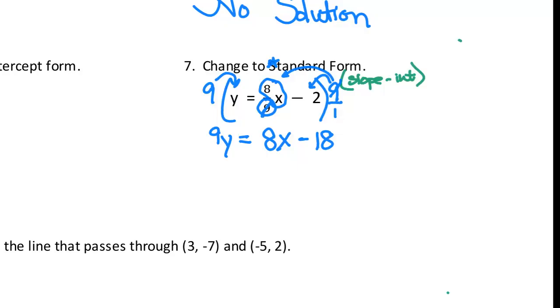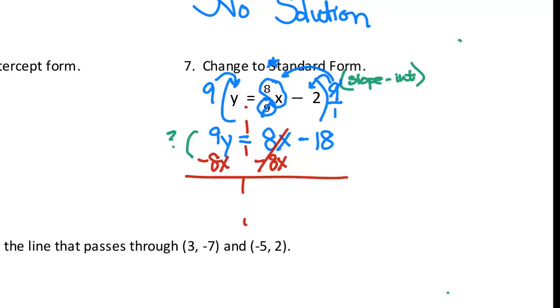They'll divide by 9 and you'll get right back to this answer. I need to move this term over here by subtracting. So subtract 8x, subtract 8x. 8x's cancel out.